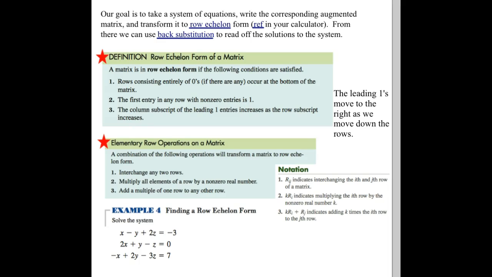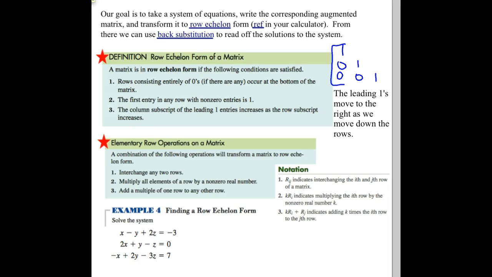A 1x, a 1y, a 1z. The bottom line here really just means that those ones are moving to the right as you move down your matrix. Okay? So we're trying to get a 1 here, a 1 here, a 1 here, right? And these are zeros. Okay, so that's the goal of row echelon form.